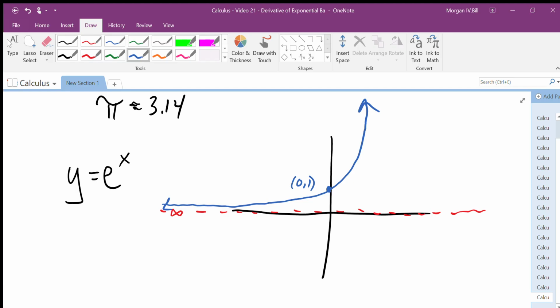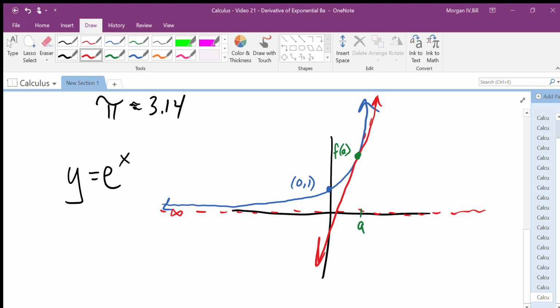And the really important part about e to the x is this feature here. For some value a, the function value is f of a. But also, the tangent line at a. Alright, so here's a tangent line.